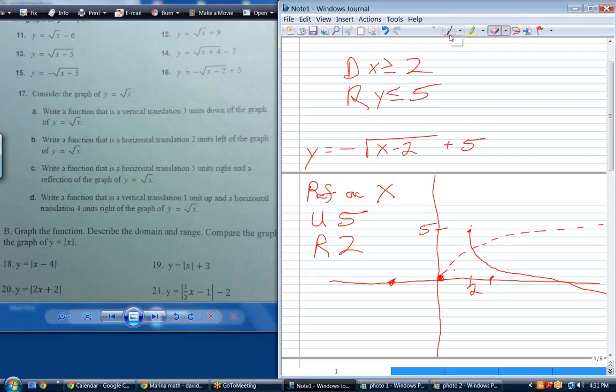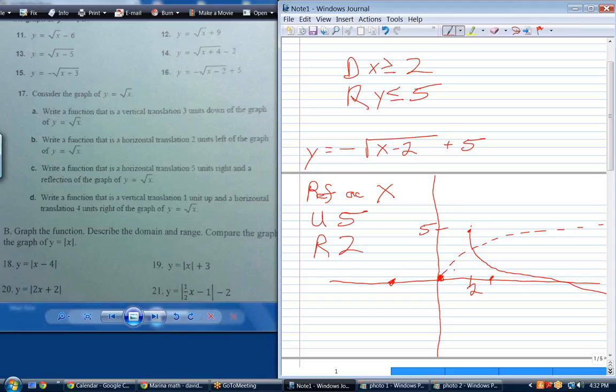You can know that the smallest this amount could ever be is 0, and so the highest y could ever be would be 5. But that's a more difficult analysis. Figuring out the range from looking at the graph is a lot easier. So if the goal is to get the domain and range, it's easier to figure out the reflections and translations and do it that way.